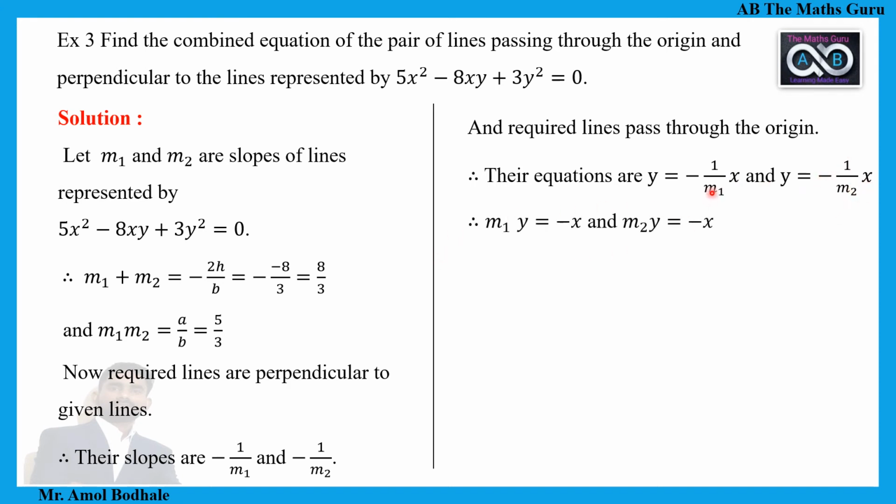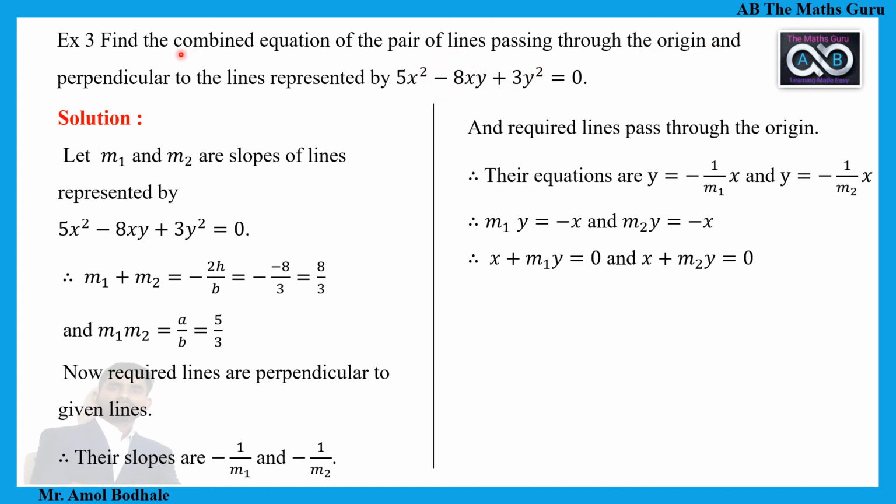If we take m1 on this side, m1 into y equal to minus x and m2 into y equal to minus x. If we simplify this, x plus m1 y equal to 0 and x plus m2 y equal to 0. These are the required lines which are perpendicular to the lines represented by this and passing through the origin.